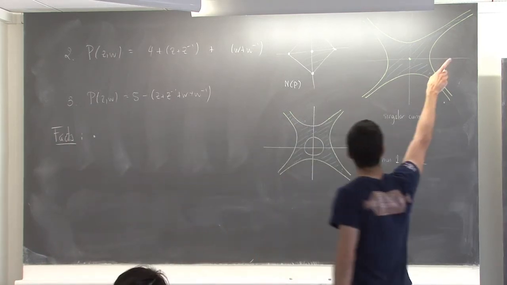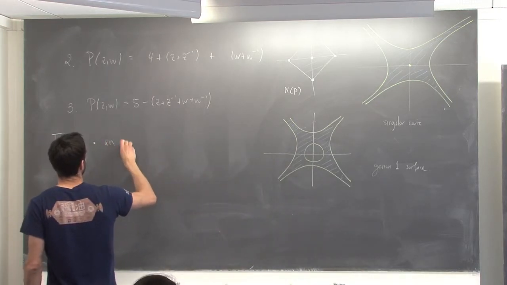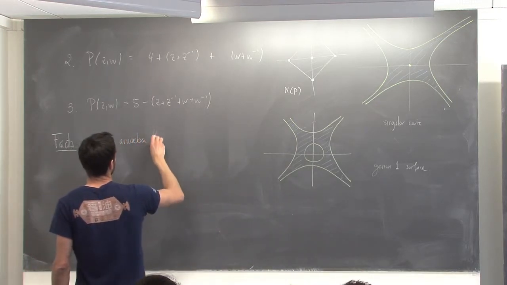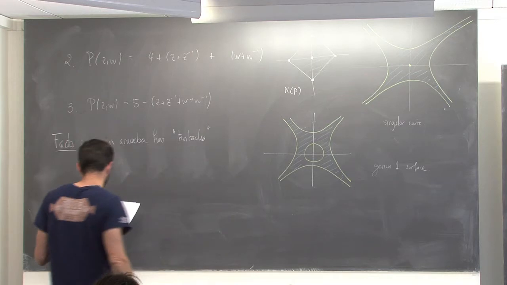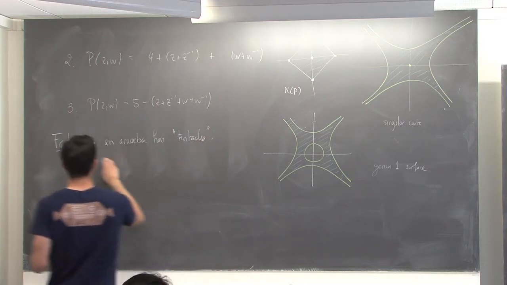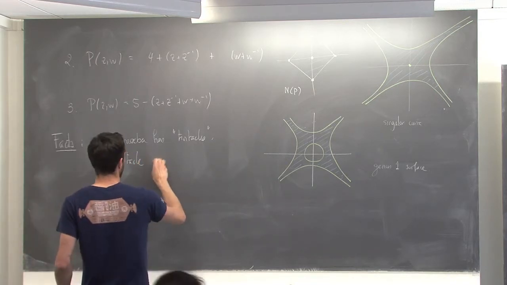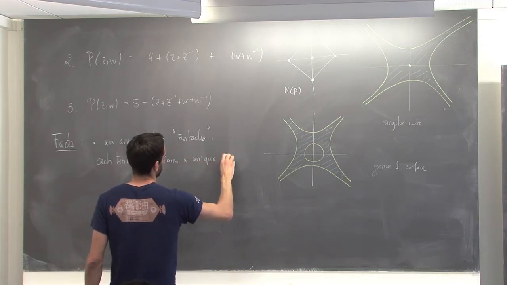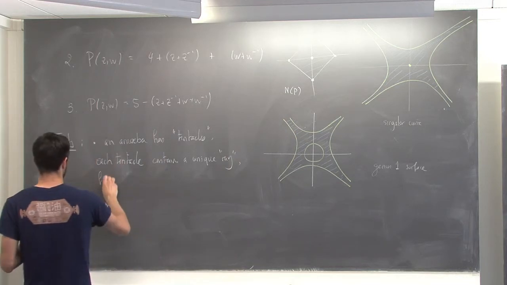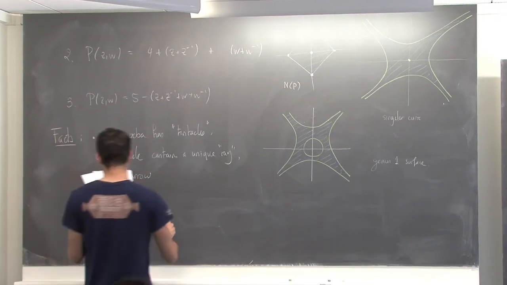An amoeba has several tentacles. Each tentacle contains a unique ray and narrows exponentially fast towards it.